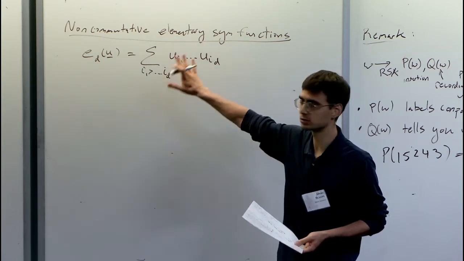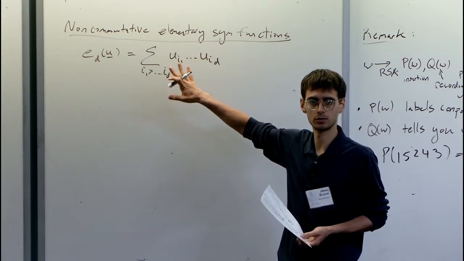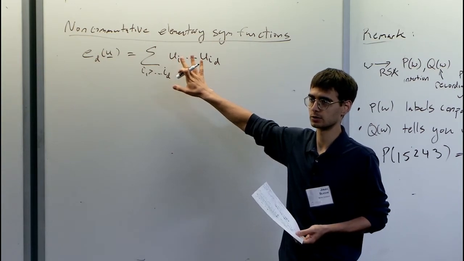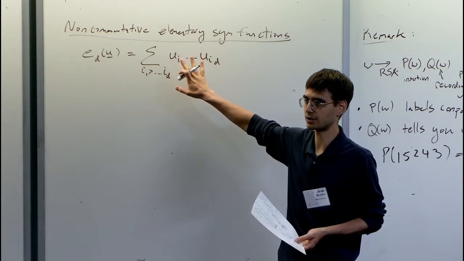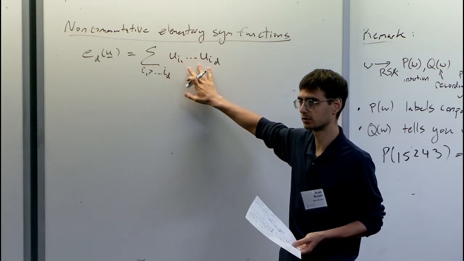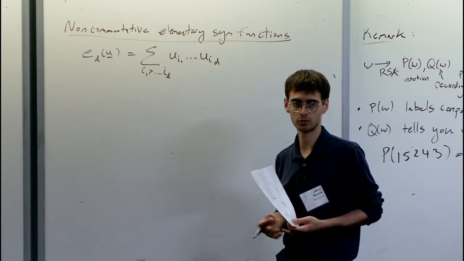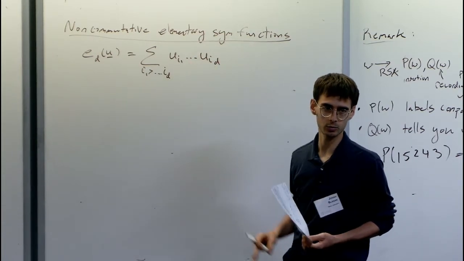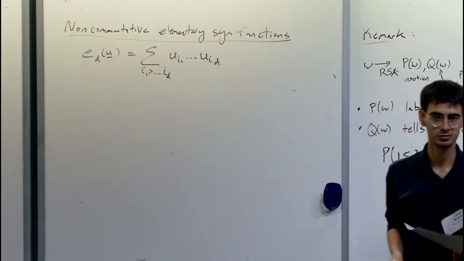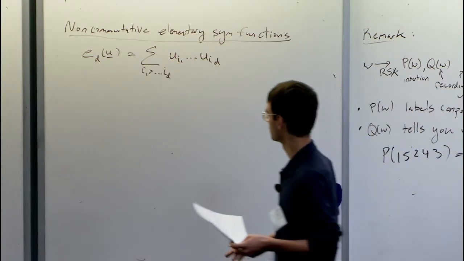So we had a choice as to how to define this. The goal was to produce some elementary symmetric function so that when we pass to the commutative quotient, then it actually gives us the ordinary elementary symmetric function. So we could really choose any order we like here, but somehow this is the right choice. Okay.